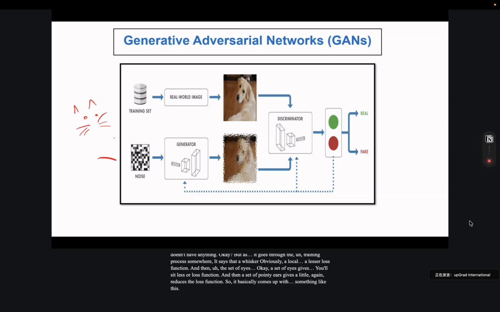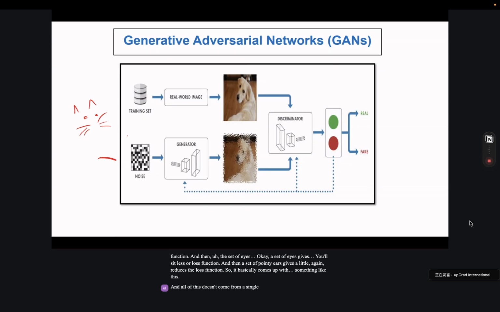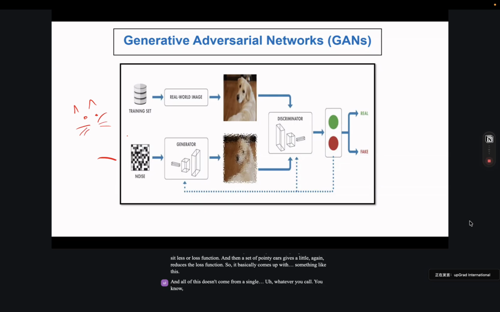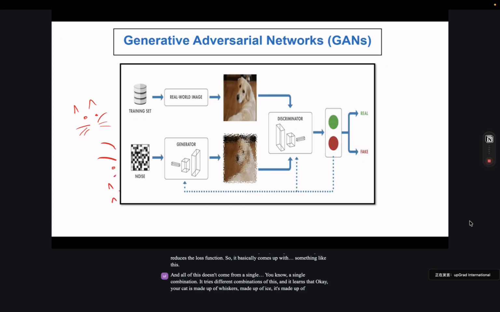And all of this doesn't come from a single combination. It tries different combinations of this and it learns that a cat is made up of whiskers, eyes, two ears, a nose and all this.